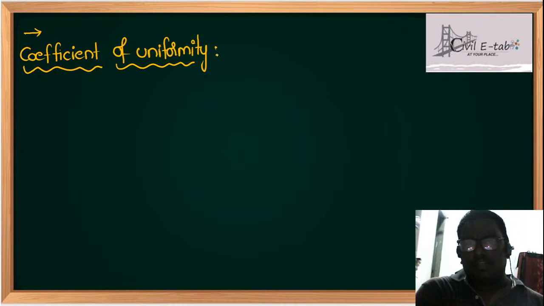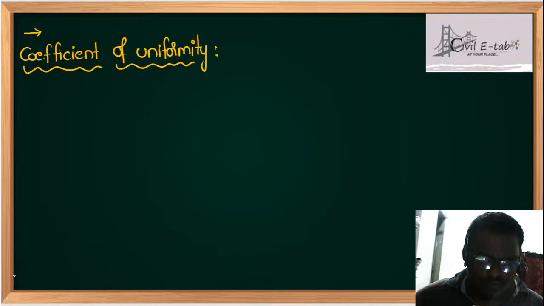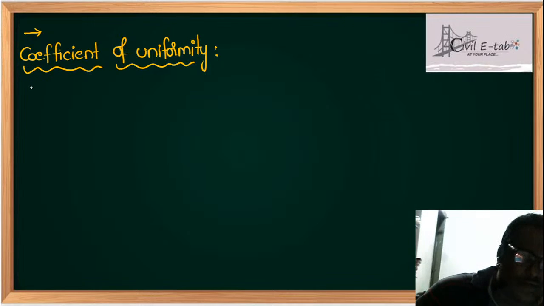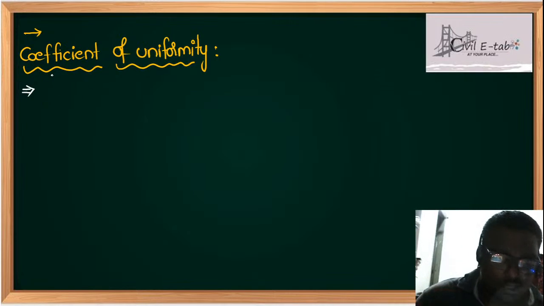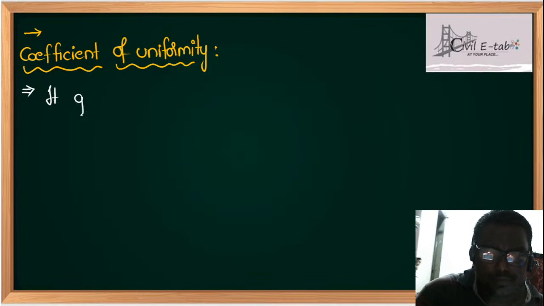Coefficient of friction gives you an idea about how rough the surface is. Similarly, whenever you are studying coefficient of uniformity, you will also have an idea why you are learning it.